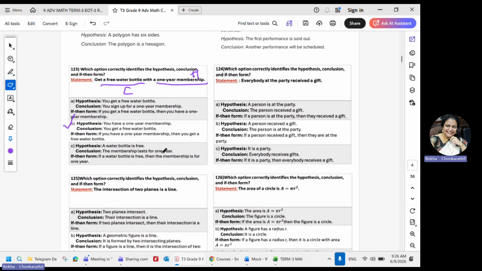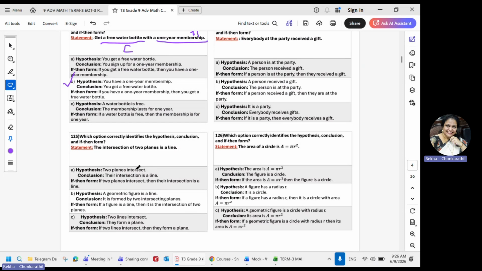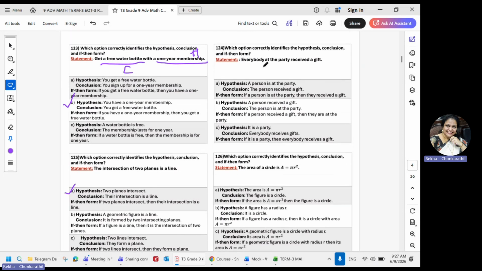Okay. So similarly, you have other examples. Here, question 125 says, the intersection of two planes is a line. Here, two planes intersect is the hypothesis. Their intersection is a line. If two planes intersect, their intersection is a line. A is the answer. One more example, let's see. Everybody at the party received a gift.